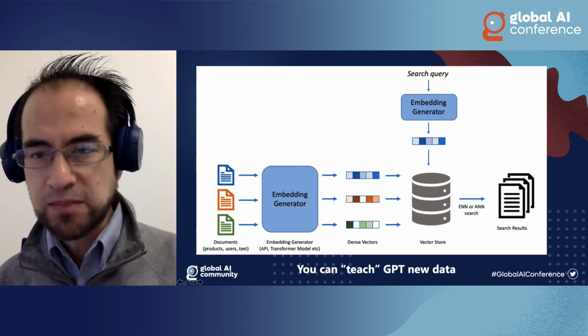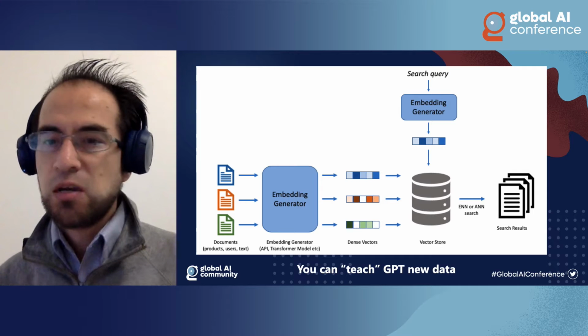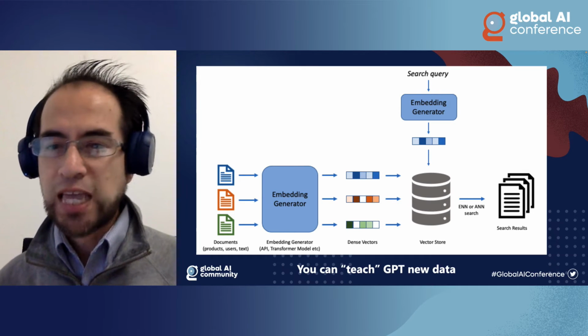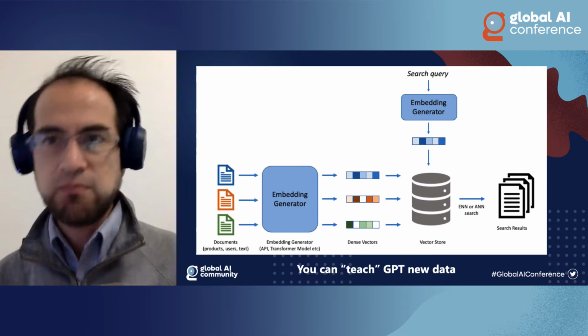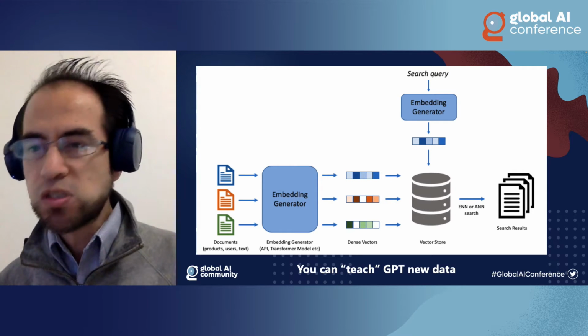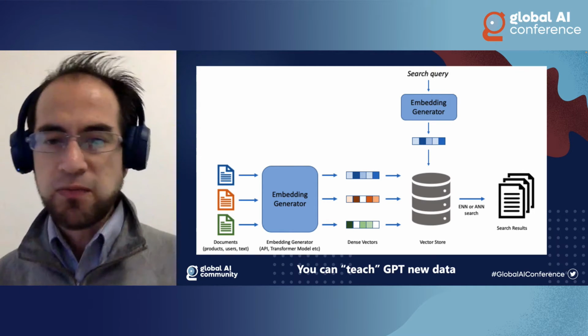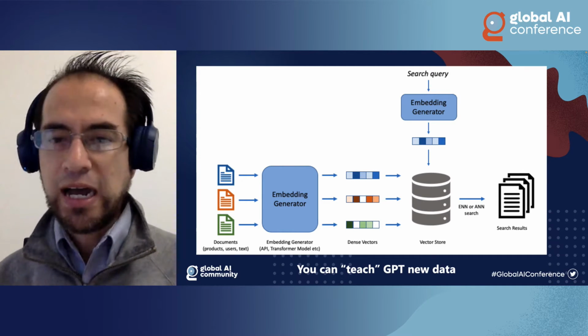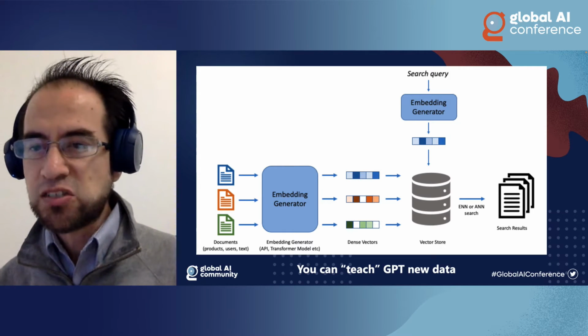So the question is, how can I put more data into these models to expand the knowledge for other purposes? One option is called semantic search, which allows you to take in a corpus of text data. Maybe you have tons of PDFs, books, or legal documents. You put that corpus through a function that vectorizes all the information.